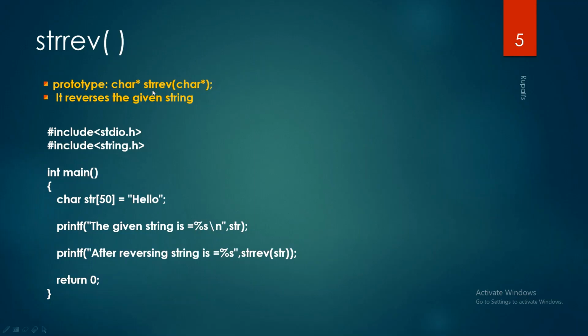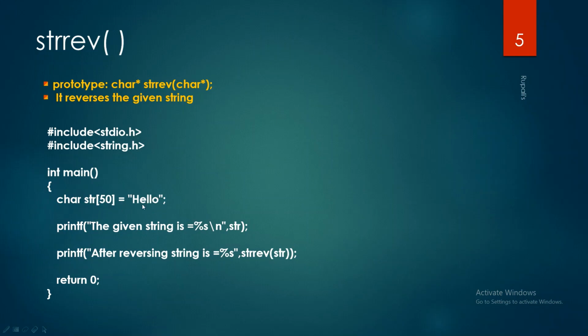strrev. Here it takes as argument a char * and returns a char *, meaning it takes the address of any string and returns the address of another string. In int main, char str[50] = "hello".